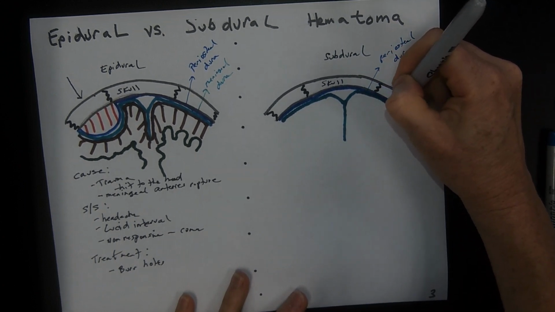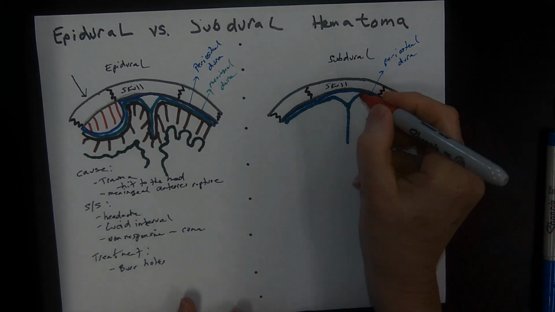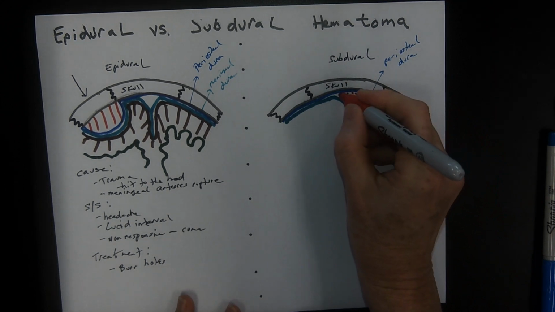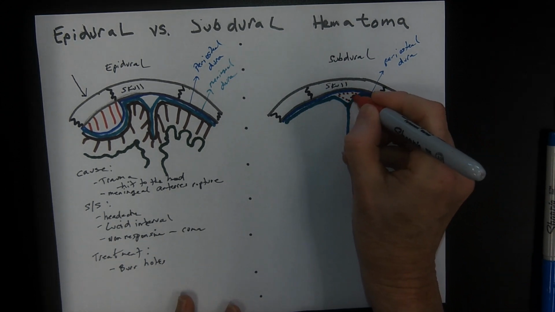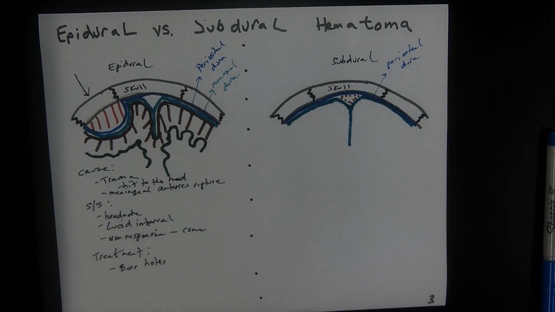Okay, we've got our two dura layers there. We've got this little superior sagittal sinus there. Okay, so it's subdural. So now the problem is going to be below the level of the dura mater.